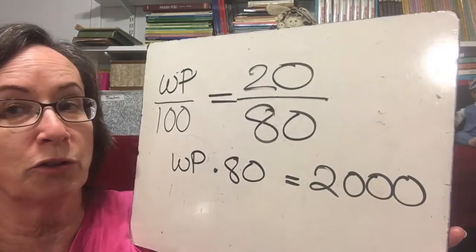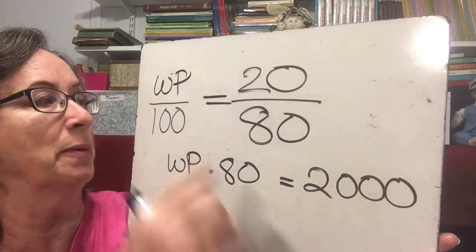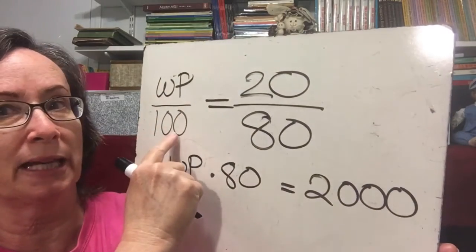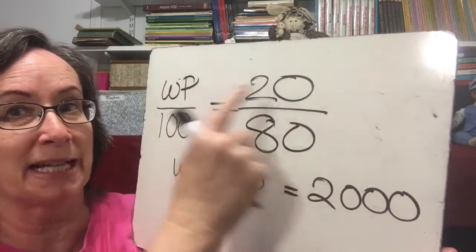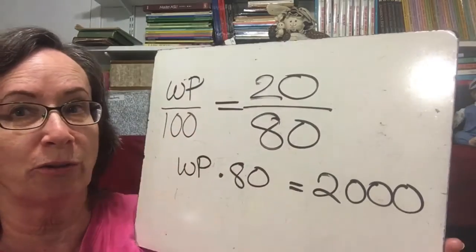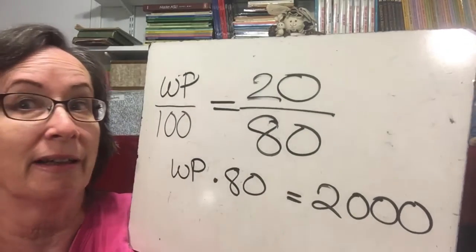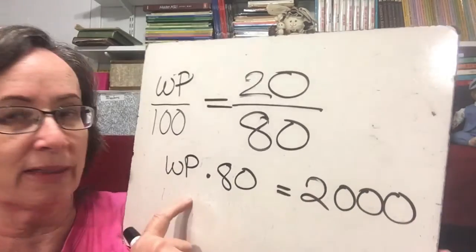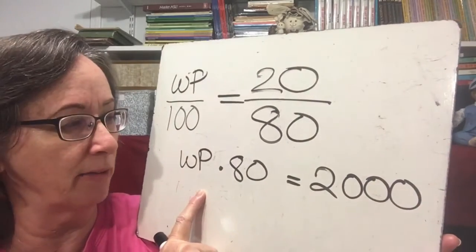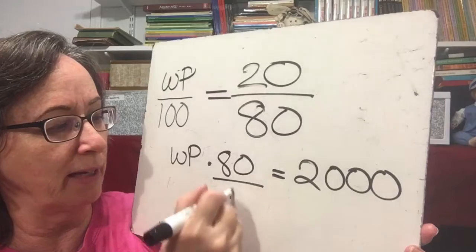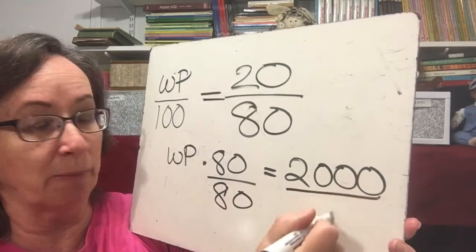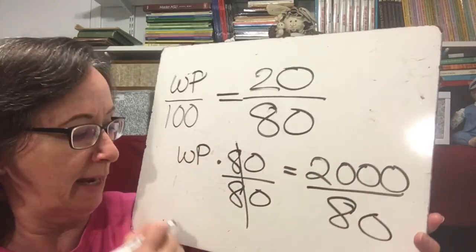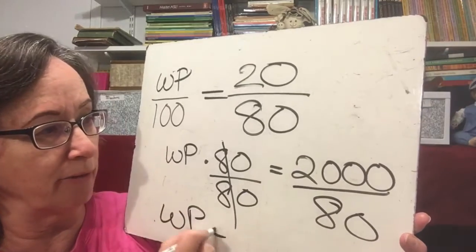Or you could do it the way the book is setting it up by just leaving this one here and multiplying both sides by 80 so that you get the 20 by itself. That would be one way to set it up. But aren't we eventually trying to get the what percent by itself? So I'm going to go ahead and just divide by 80 and divide by 80 over here, and I get the percent we're looking for.